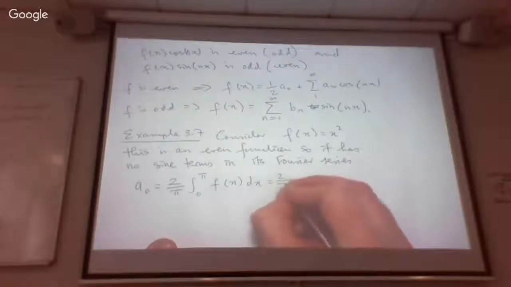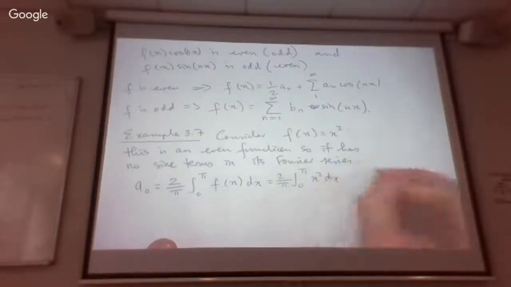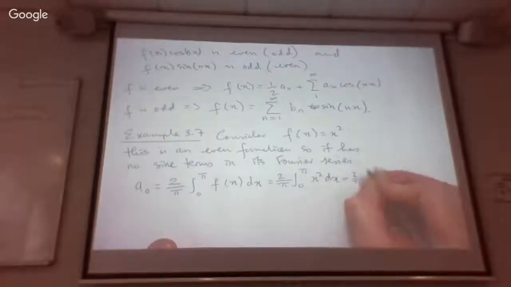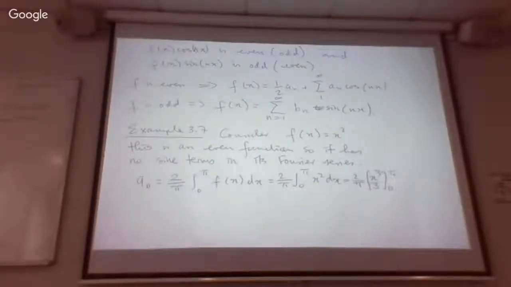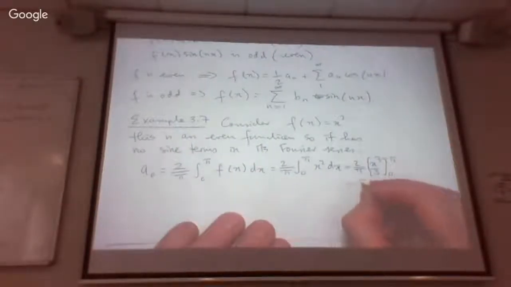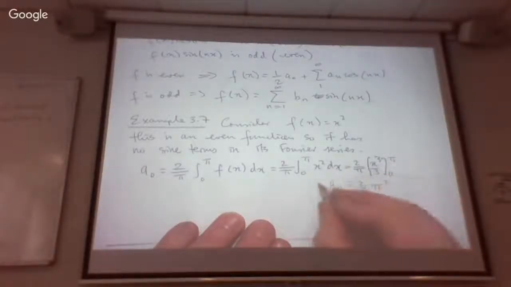So this is 2 over pi, integral from 0 to pi of x squared dx, 2 over pi times x cubed over 3, evaluated at pi effectively. So this gives 2 over 3 pi squared. This is our a0.